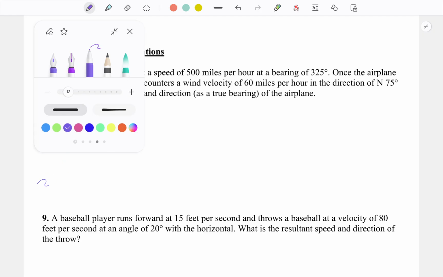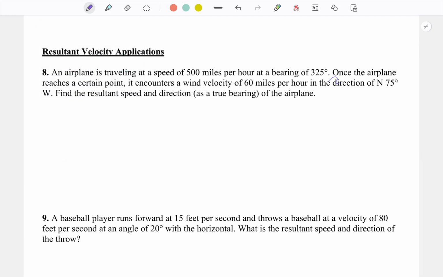So what is happening here is that the airplane is going at a bearing of 325. So we know that that is a true bearing because it doesn't give us anything else. So since it's a true bearing, we're going to go from the north and go around. So we have 180 degrees, 270, and then here is our plane.